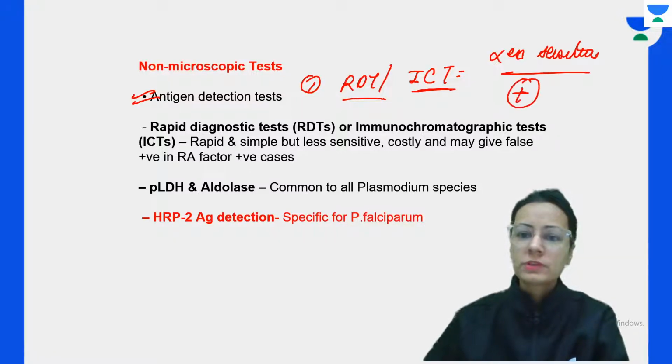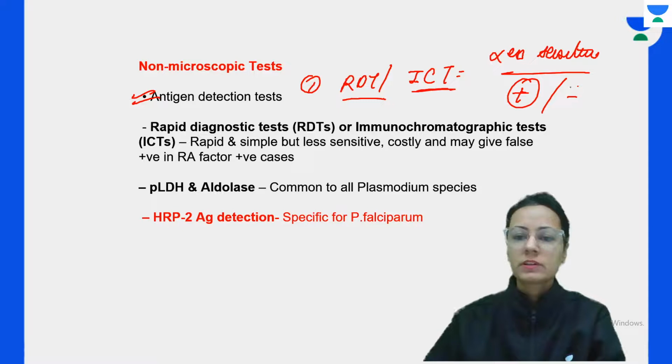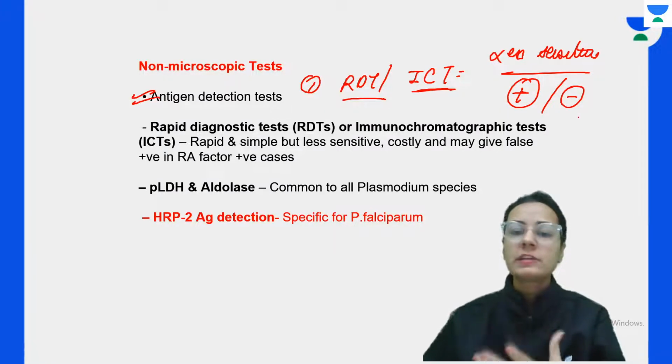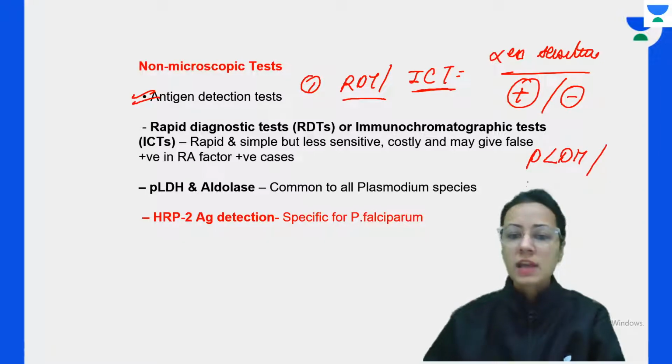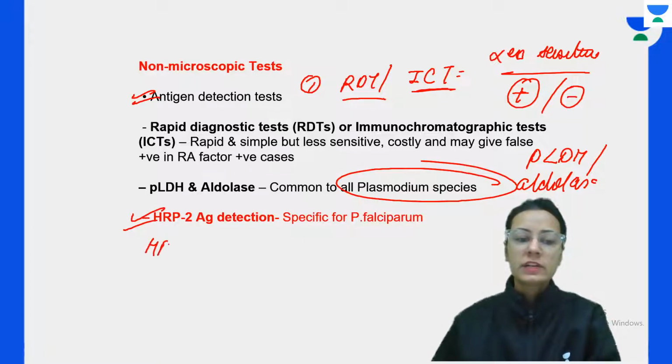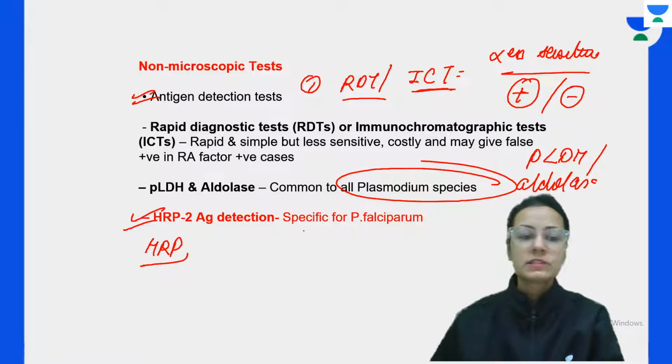Therefore, they may also give the false negative cases. And we detect for which antigen, that is one is the lactate dehydrogenase and the aldolase. They all are present in all the Plasmodium species, but then we have the HRP, that is a histidine rich protein 2 antigen, which is only found in the falciparum.